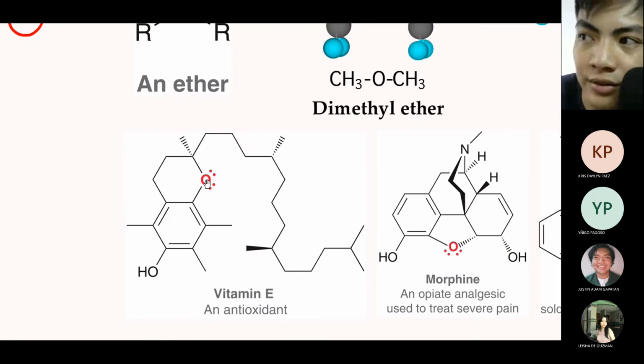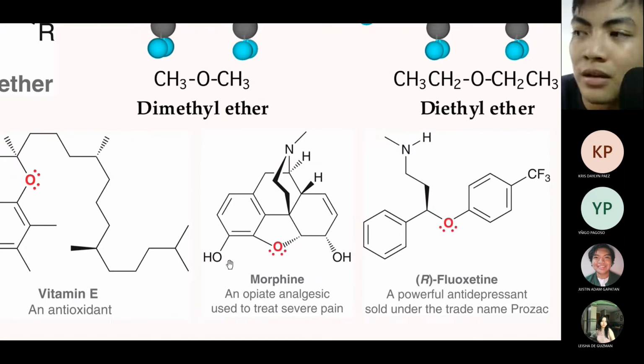Yung oxygen na to, may carbon sa taas, may carbon sa baba. So that's an ether. Sa morphine, which is a drug, ganun din. May carbon dito, may carbon doon.